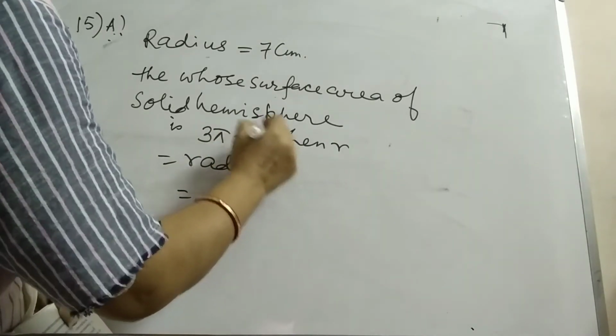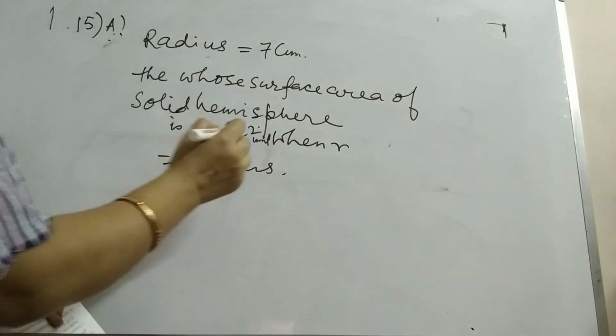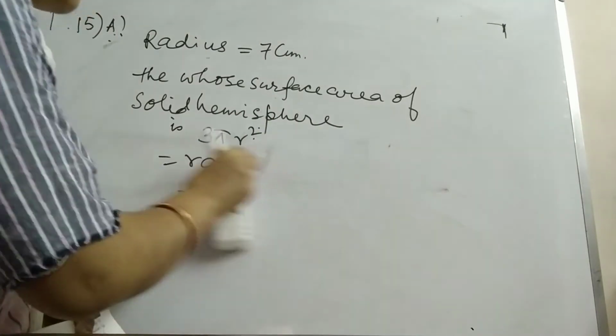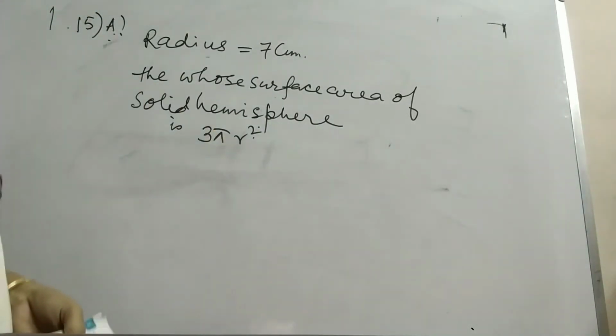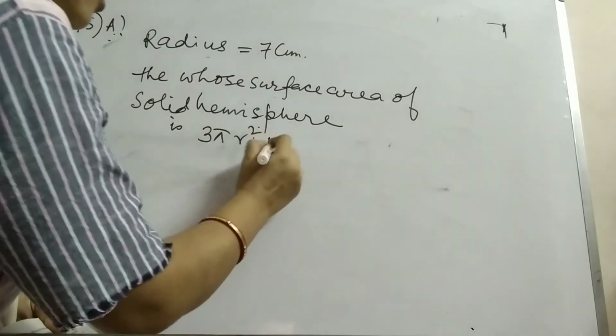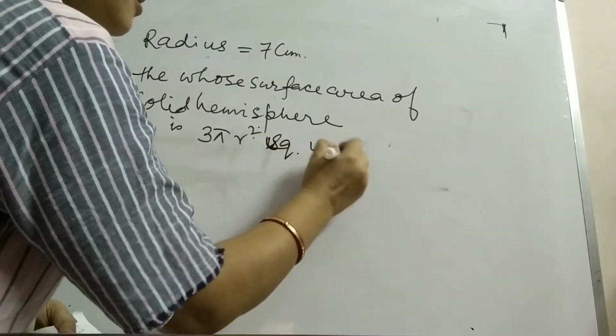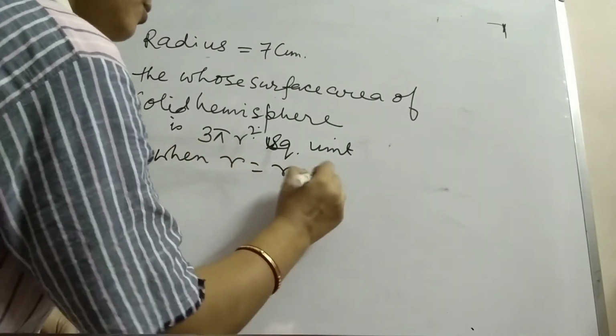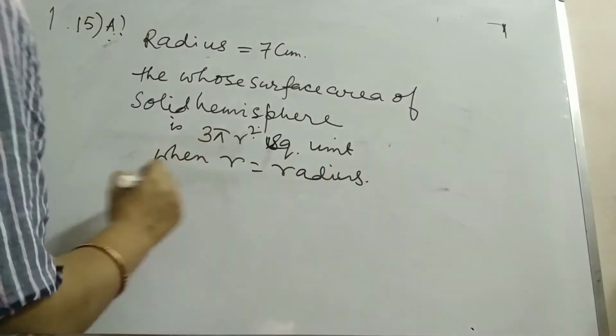This is 3 pi r square unit, when r equals radius.